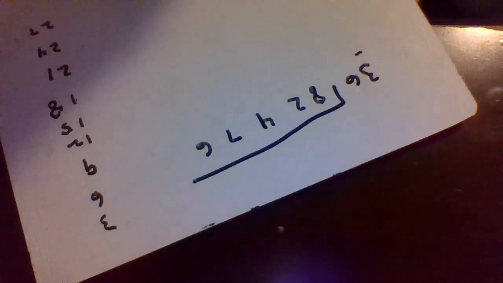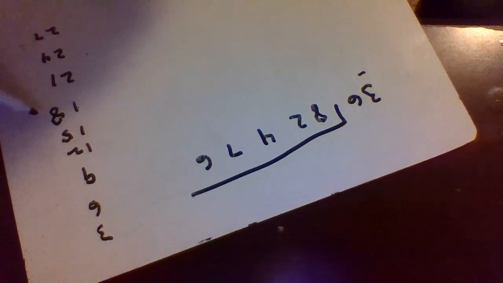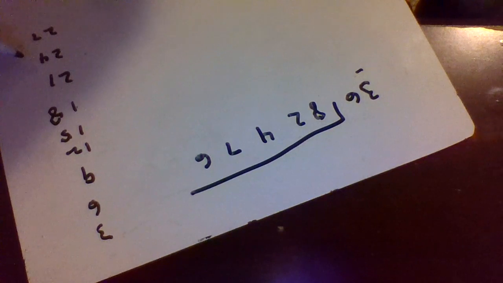Now, as you can see, 3 times 4 is 12, 3 times 5 is 15, 3 times 6 is 18, 3 times 7 is 21, 3 times 8 is 24, and 3 times 9 is 27.